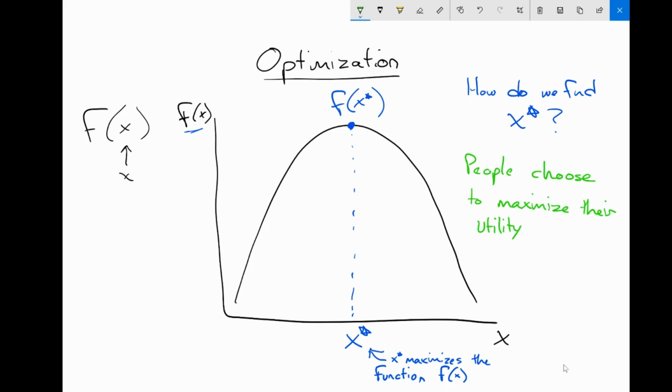Predicting what's coming, eventually we're going to have a utility function, and that utility function is going to be a function of some good. Let's say it's coffee, or C. If we wanted to know how much coffee people are going to consume, we want to know C star. We want to know how many cups of coffee someone would consume such that they achieve the highest amount of utility.